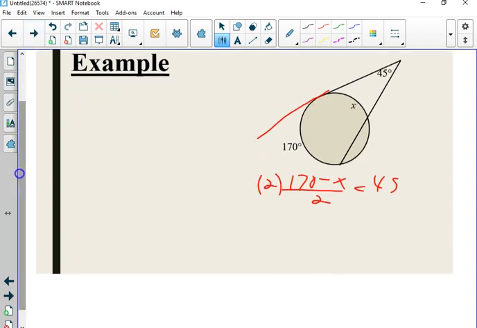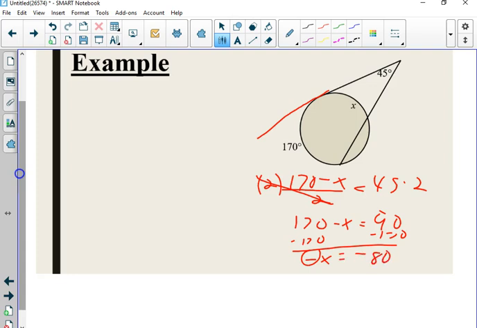We multiply by 2, cancels. 170 minus x equals 90. We subtract 170, and we get negative x. That's very important. Don't forget this negative, because we're going to get a negative number over here. And then we divide by negative 1. X is 80 degrees.